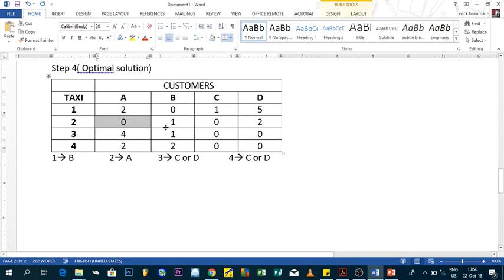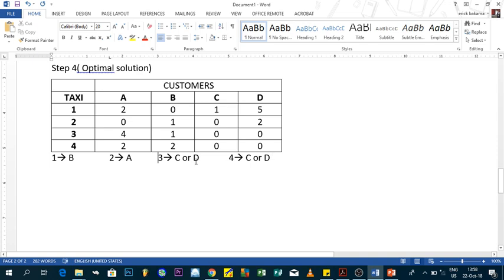Now we look at 3 and 4. 3 and 4 will be fighting between C and D. 3 can do C or D, the same thing that 4 can do, C and D. So what we do is decide that 3 is going to take C, and 4 is going to take D. Likewise, we could also decide for this one here to get a D and this other one to get a C. So I'm going to put it like this, because actually this one is a tie.